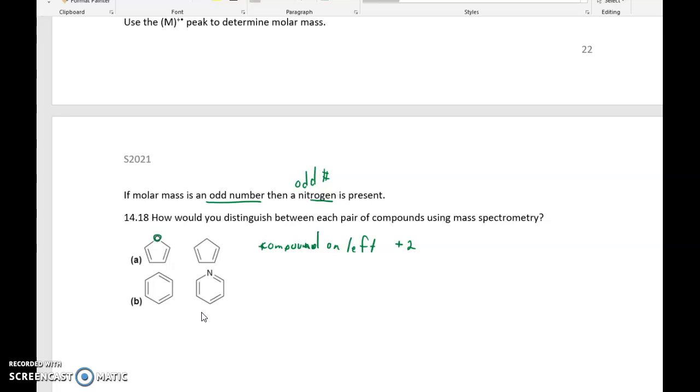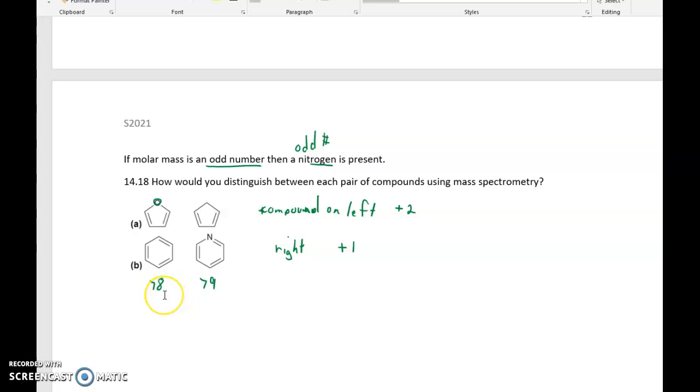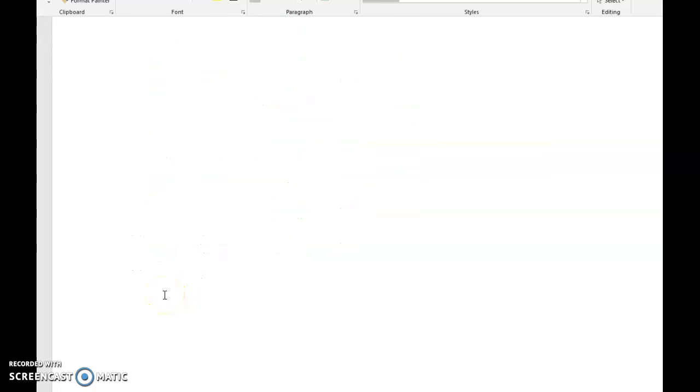And here, the compound on the right is going to be +1. So the molar mass of this is 78, and the molar mass of the compound with nitrogen is 79. So just by knowing the molar mass, we're able to start to figure out the molecular formulas.